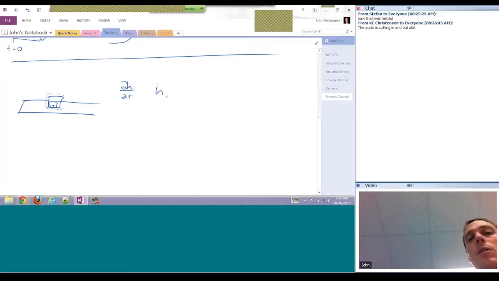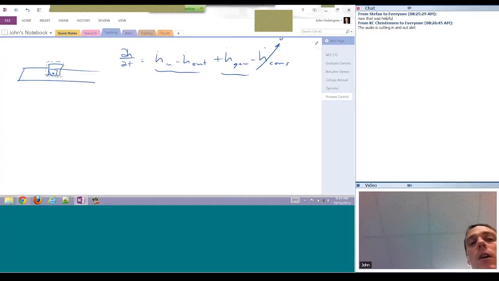I'm just going to do the energy balance: generation, consumption. We said we had zero consumption, and these are going to be our convective terms, and this is going to be our heating term in the device. I'm just going to say that C sub P is constant.